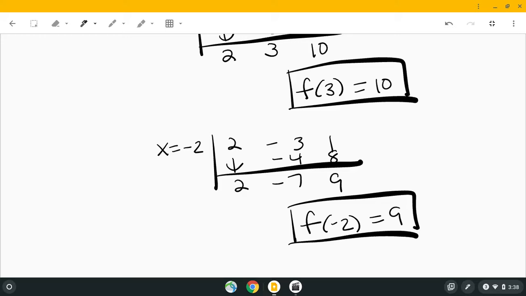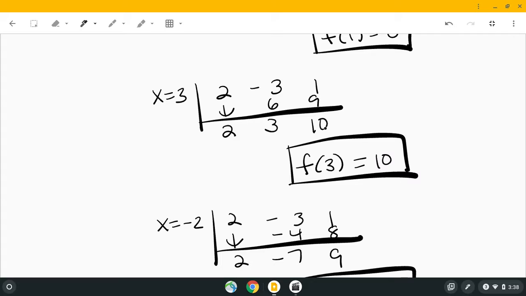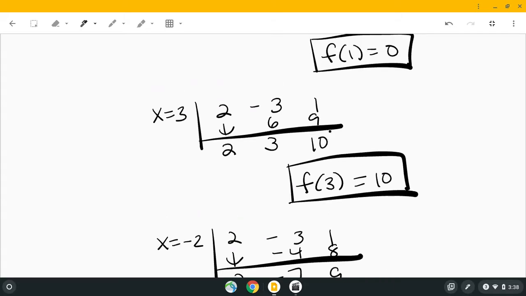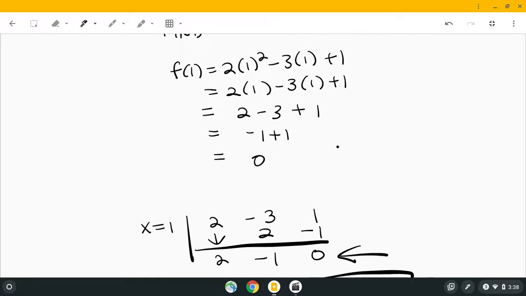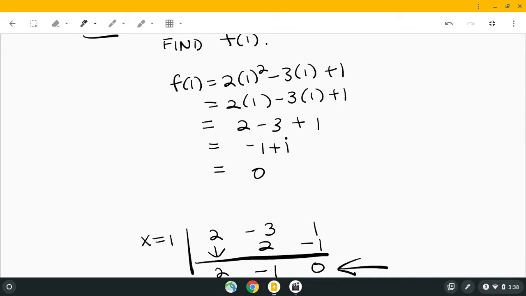Okay, so normally on the test, I would say evaluate this using the remainder theorem. And it's interesting, I'll put this question on a test. For you guys, it's all online this semester, so I won't be able to see your work. I won't be able to see if you actually use synthetic division or if you do it the old way.